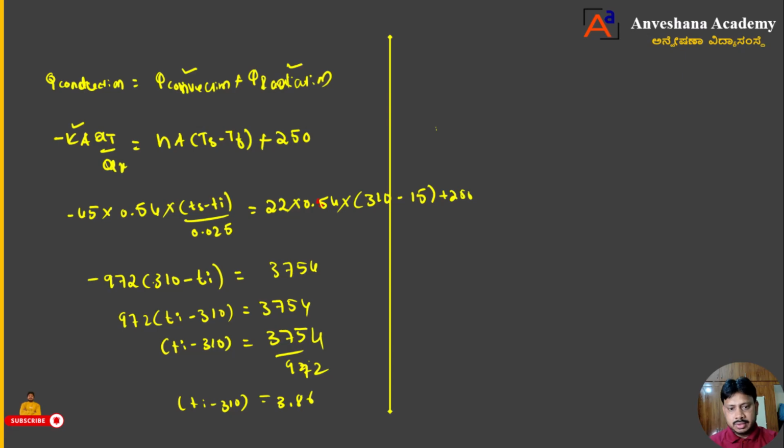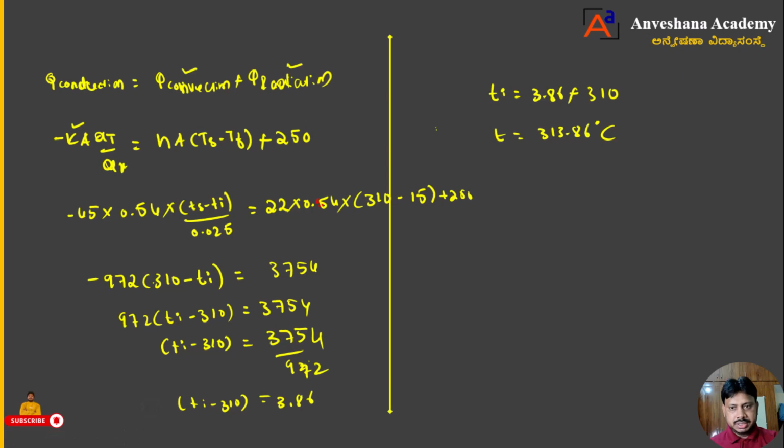Then I will shift this minus 310 to this side. So therefore Ti is equal to 3.86 plus 310. Then add these two. So that becomes 313.86 degree Celsius. That means what, dear students?